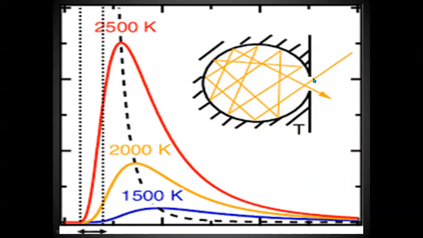The sphere is hollow, there is a small hole here, and opposite to that there is a projection. As a result, when light or any radiation enters, it undergoes many reflections.